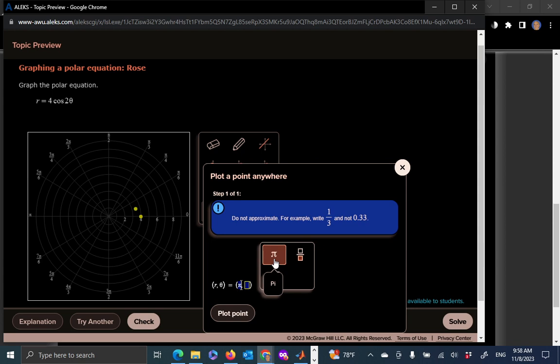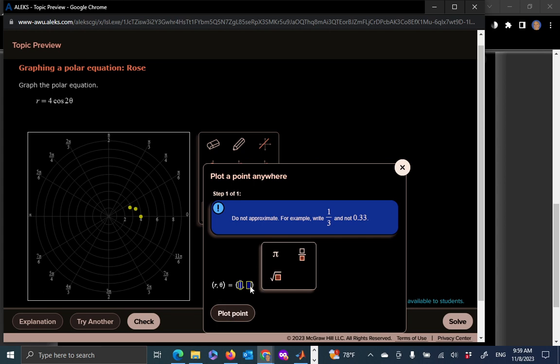Here is my angle pi over 8. Double of that is pi over 4. Cosine of that is radical 2 over 2, times 4 is going to be 2 radical 2. So that's my point.